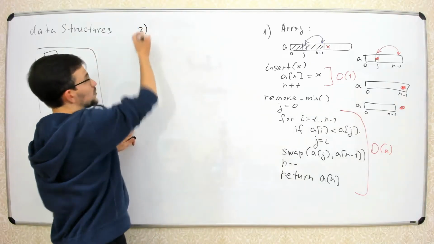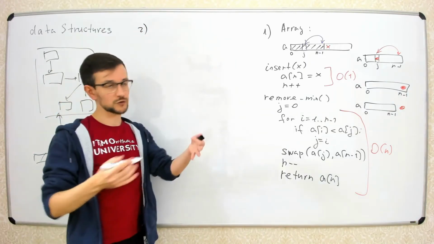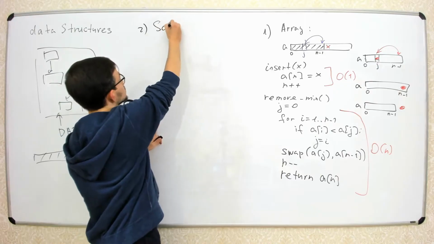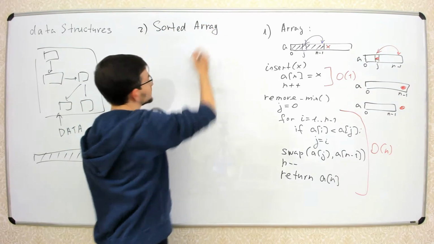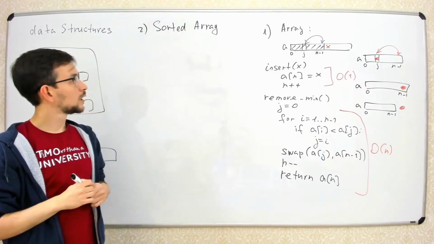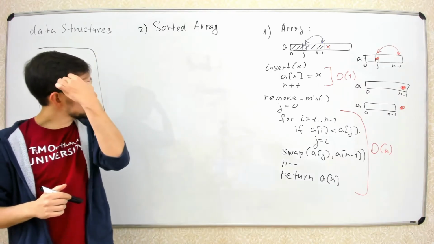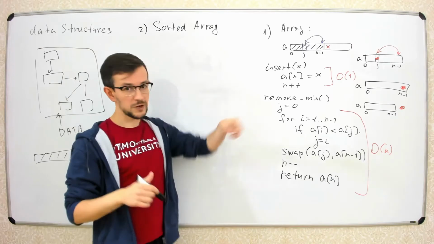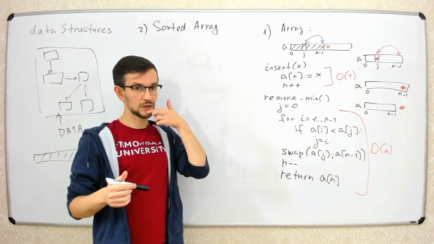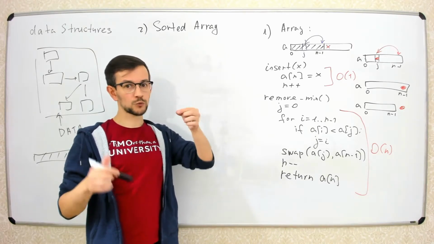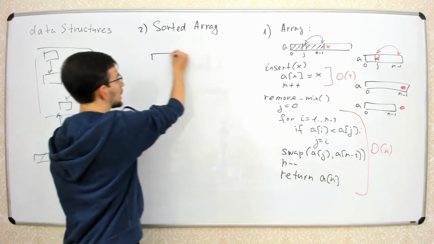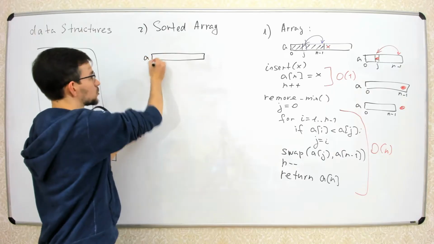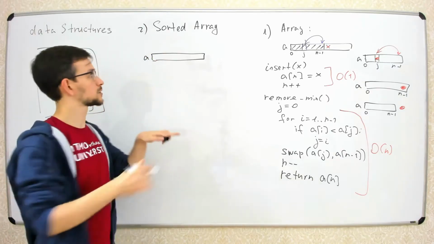So the second attempt will be to have not just an array, but a sorted array. Cool. If we want to be able to remove the minimal, it's better to have the array sorted in descending order. So we will have array A sorted in decreasing order.